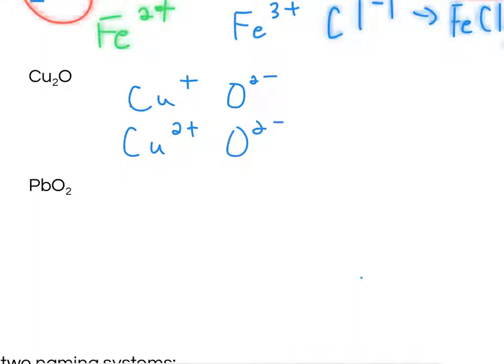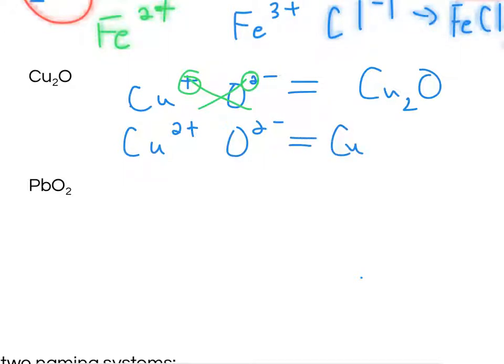And so I'm noticing that here, crossing down, the formula that I get in this first case is Cu2O. And in the second case, crossing down my charges, I have Cu2O2.